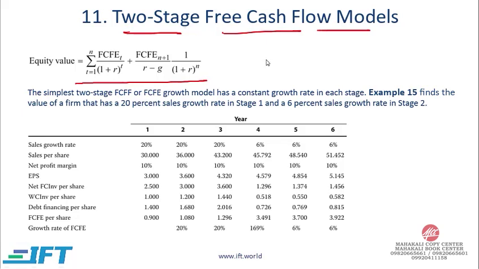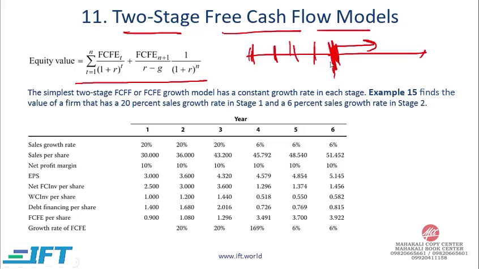You basically say that in stage one you have a relatively high growth rate, and if you don't know the precise growth rate, you might actually say that initially growing at 20%, then 15%, but for a certain period, you take all the free cash flows based on whatever growth rate, and then after a given point, you then either assume a sustainable constant growth rate, or what you might do is just take a multiple, come up with the terminal value and discount back, exactly like what we have seen before.